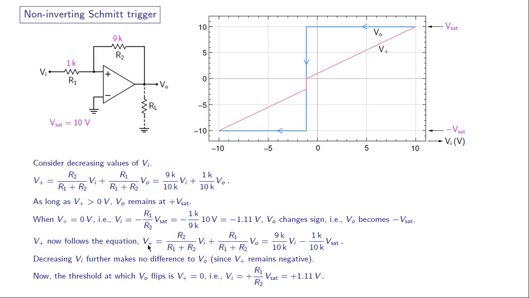That is given by V plus equal to 0. So we have 0 equal to 9 by 10 times Vi minus 1 by 10 times 10. So Vi turns out to be R1 by R2 times Vsat, or plus 1.11 volts, like that. And now if we keep increasing Vi, VO will not change, and we have completed the VO versus Vi picture.